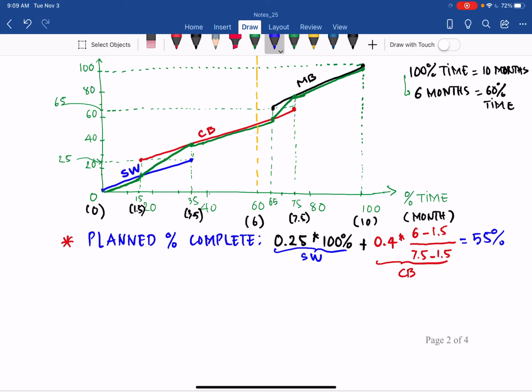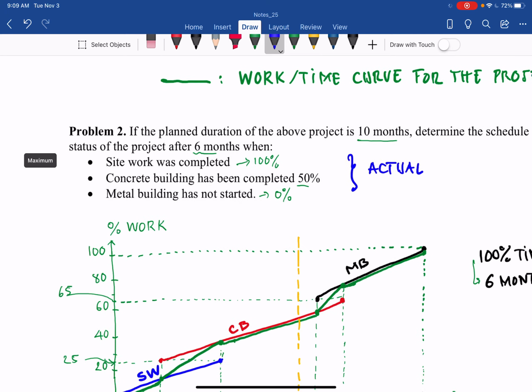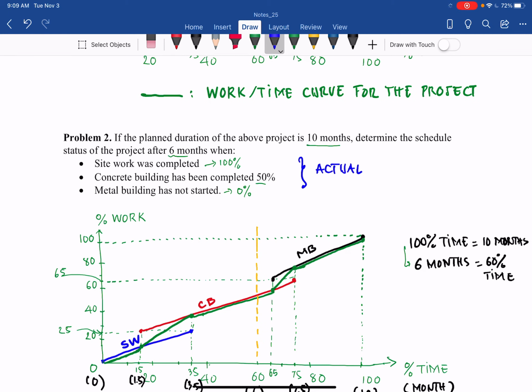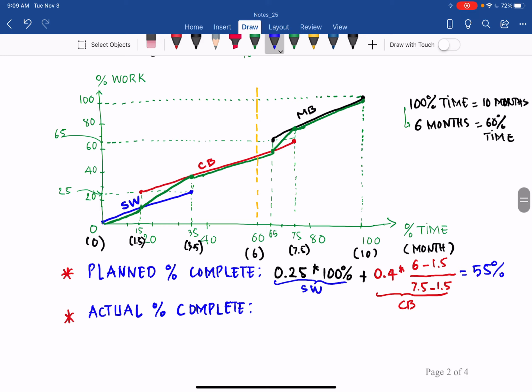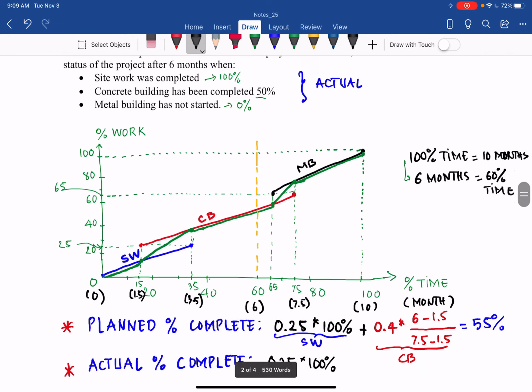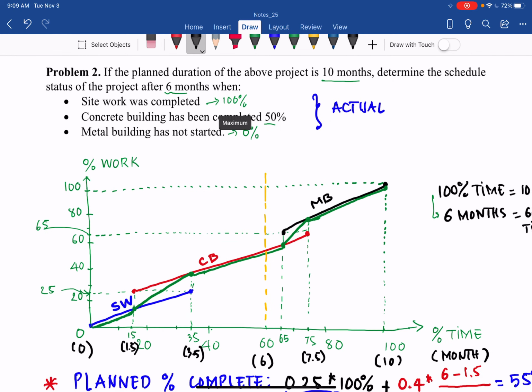Now we can find out the actual percent complete. So what is your plan and what is the actual percent complete? We actually measure the work, and in this case, the actual is given in problem 2. The site work completed 100%, so it's the same. We have total effort 0.25 times 100%, from the problem given.